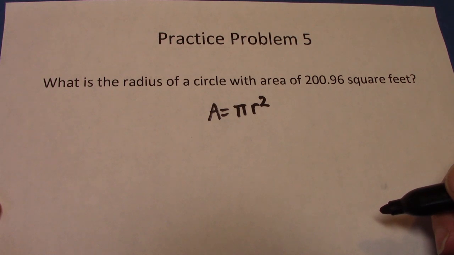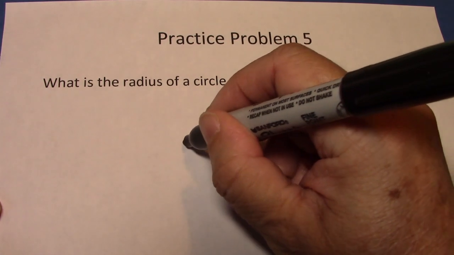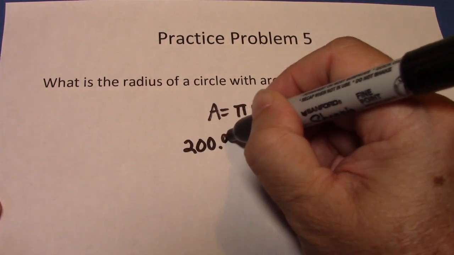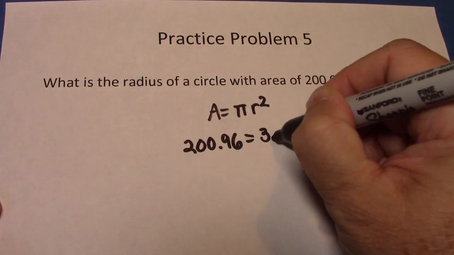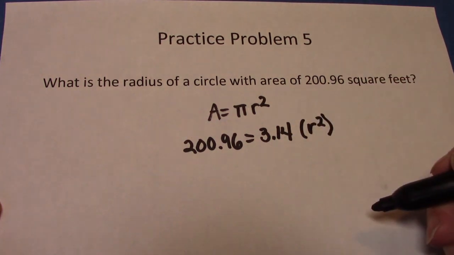Problem number 5. What is the radius of a circle with an area of 201.06 square feet? So that's the area, so that's what we'll substitute in here, times some number squared.